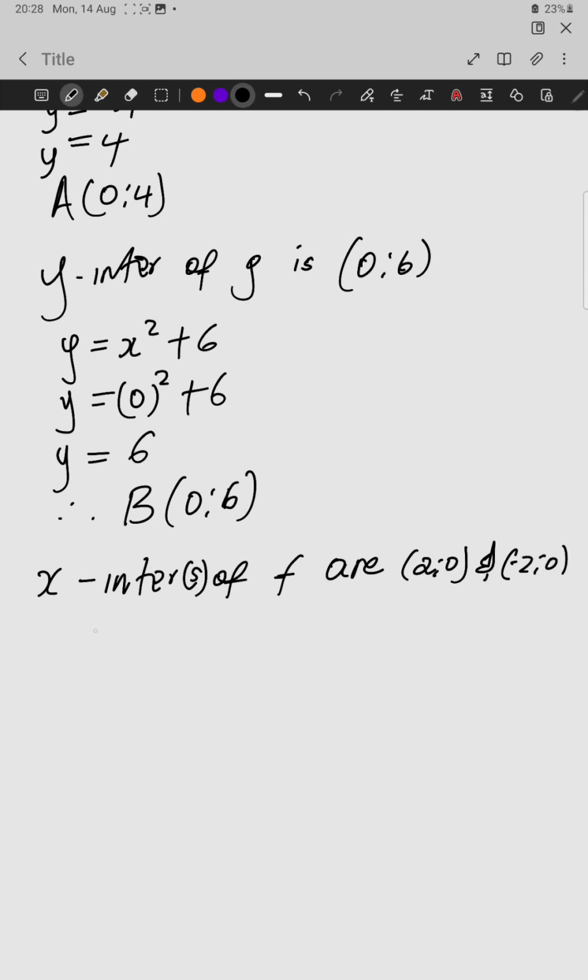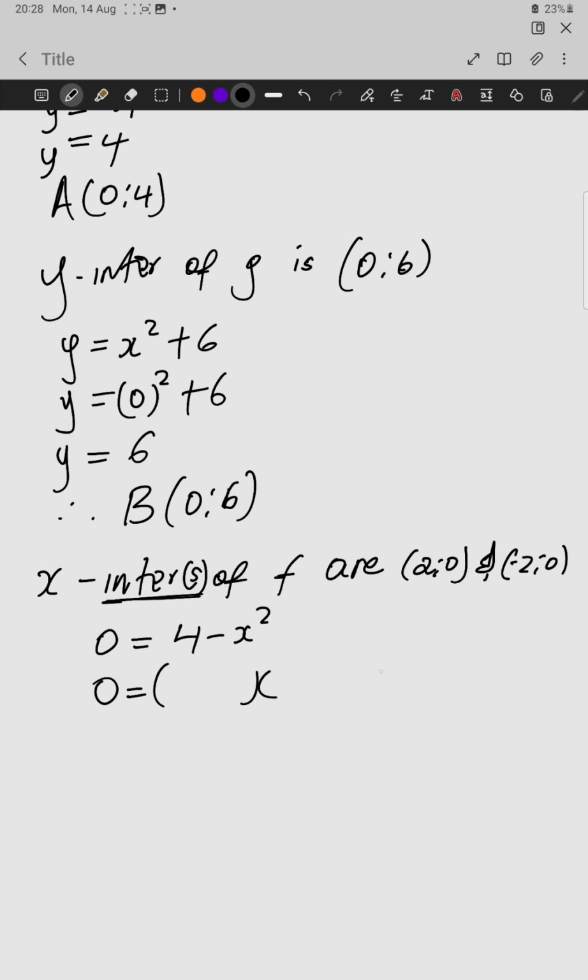But let's just work it out and see. So y is equal to 4 minus x squared. If we want to solve for x, for the x-intercept, don't forget that y is equal to 0. So we put 0.